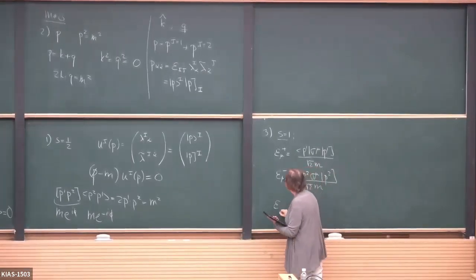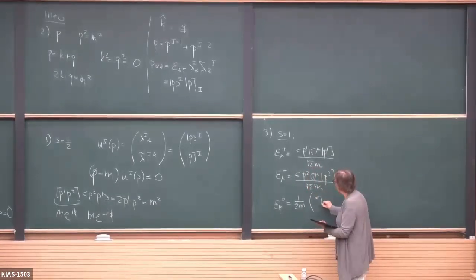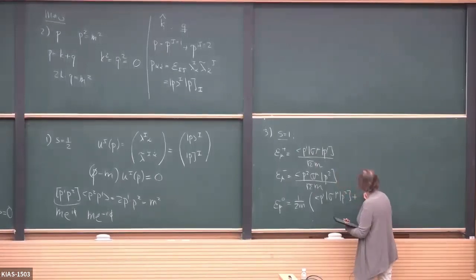And epsilon mu 0 we can write as 1 over 2m times P1 sigma mu P2. And that's it, plus the same thing with 1 and 2 exchanged.